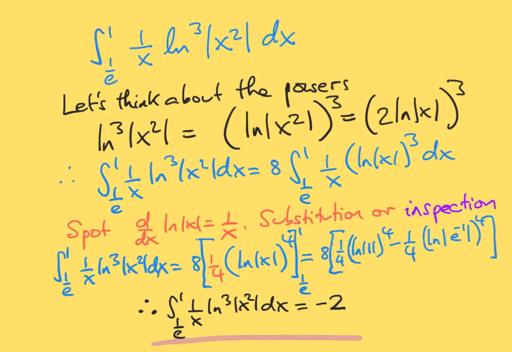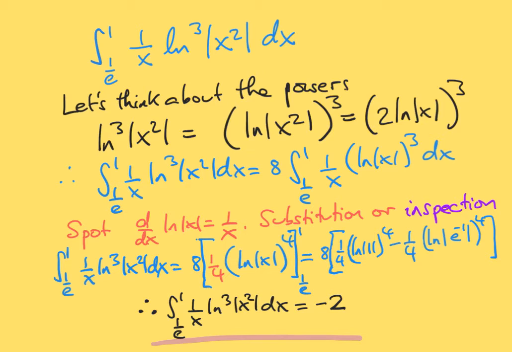And then from the chain rule, we multiply by the derivative of what's in the brackets, and that's a 1 over x, so this is exactly right. If we differentiate this with the factor of a quarter, we obtain the integrand.